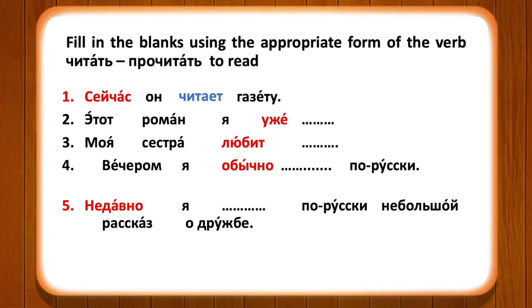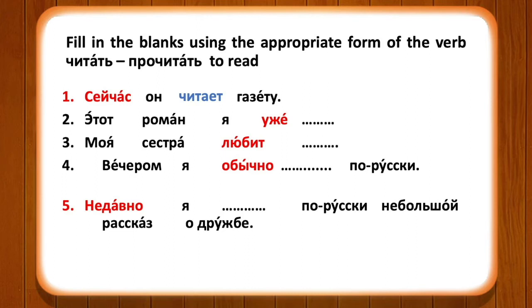Here the imperfective aspect denotes an action that is going on in the present. Сейчас он читает газету means right now he is reading a newspaper. So an action that is going on in progress at present. To denote such action, we use the imperfective aspect.